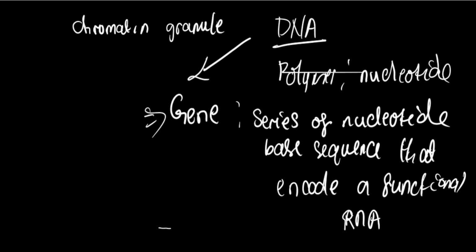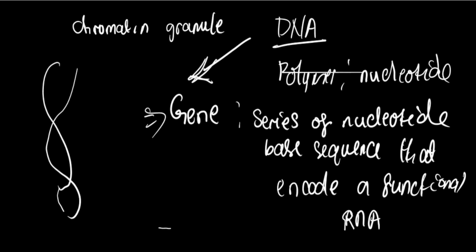So basically we have the DNA, and we said this DNA is a double helix structure, something like this. And we have all of these nucleotide bases, and then of course we have the backbone in red here, and then we have all of these nucleotide bases attached in this manner.